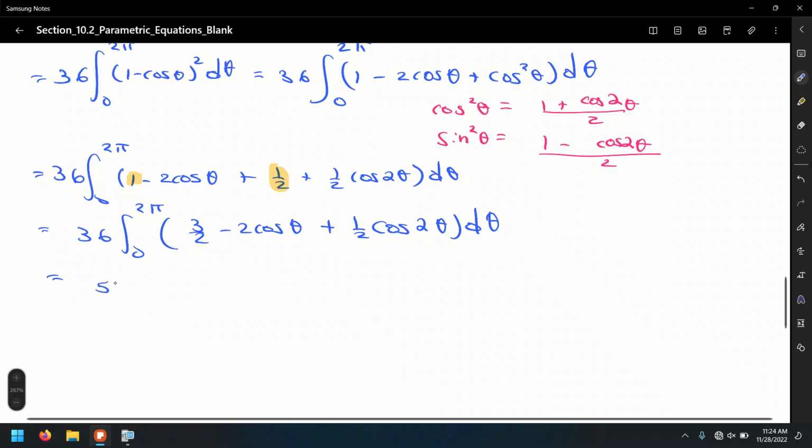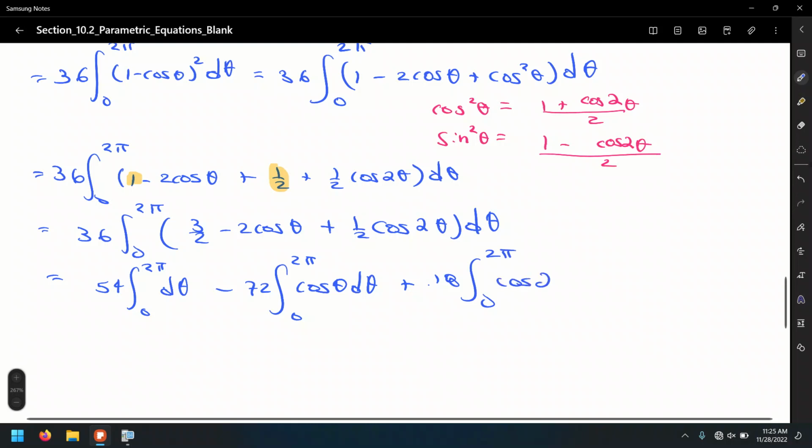So that's 54 times the integral from 0 to 2 pi of d theta, minus 36 times 2, that's 72, times the integral from 0 to 2 pi of cosine theta d theta, and 36 times 1/2, that's 18, times the integral from 0 to 2 pi of cosine 2 theta d theta.